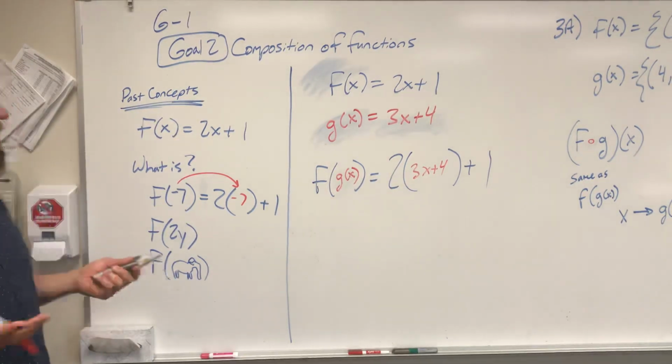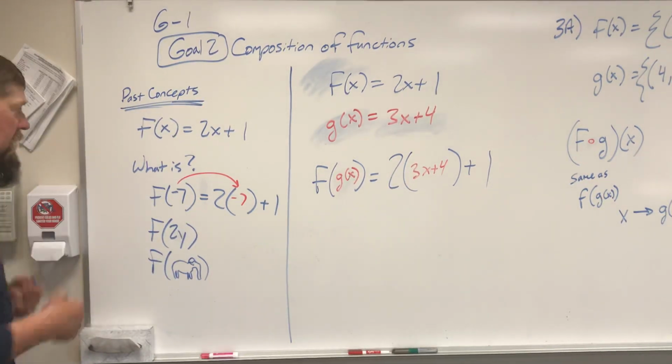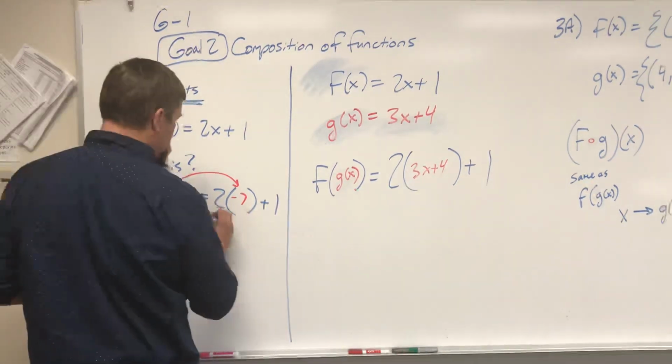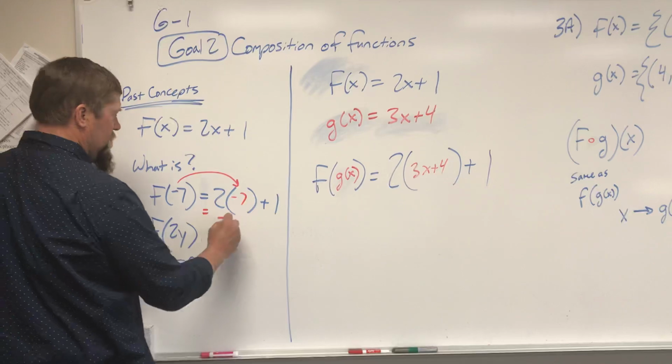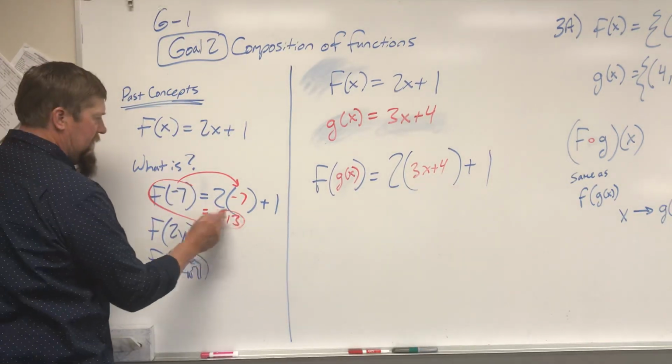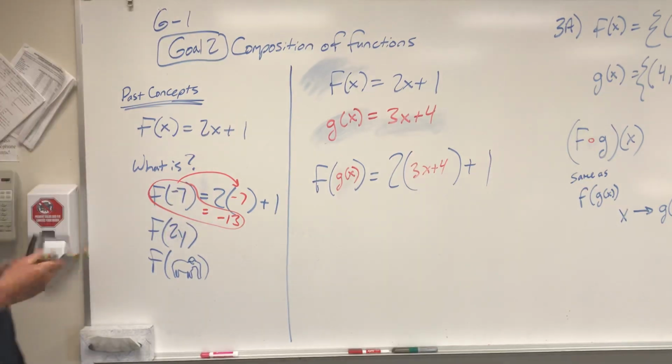That's how we evaluate functions. Of course, we always simplify if we can. So this is negative 14 plus 1, which is negative 13. So f of negative 7 is negative 13.